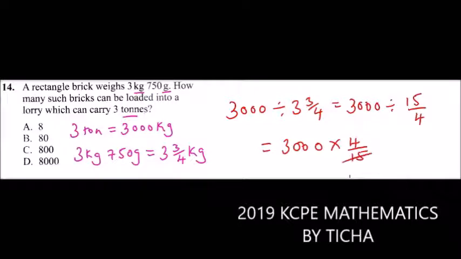So you divide 3,000 by 15, and you get 200. 200 multiplied by 4 is 800 bricks. These are the number of bricks the lorry can carry. And if you check your answer, C is the correct answer. So you mark there and you'll be able to get a mark for that answer.